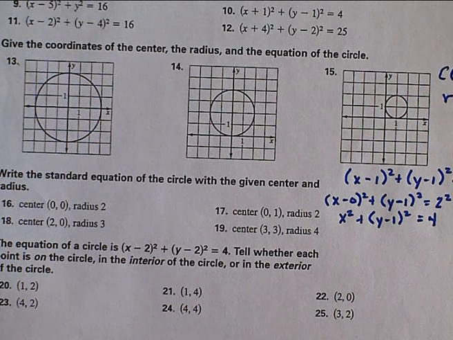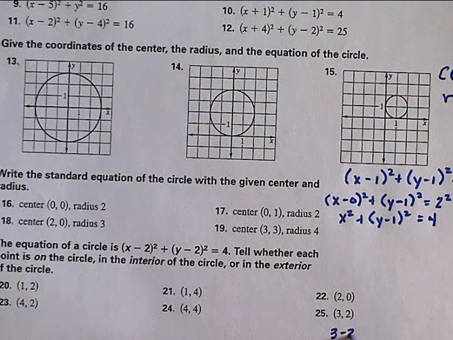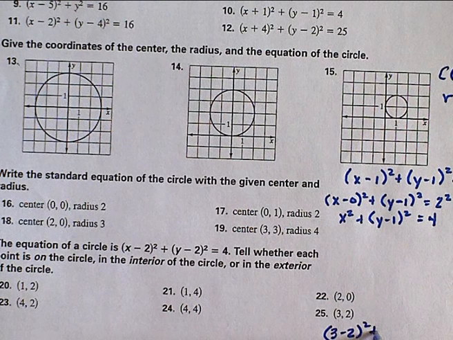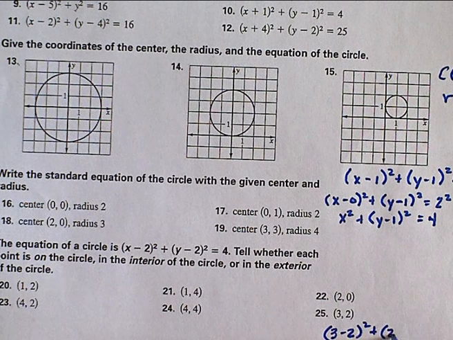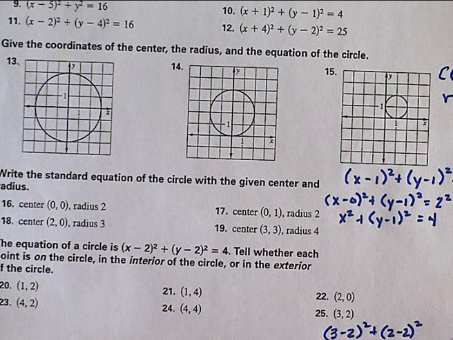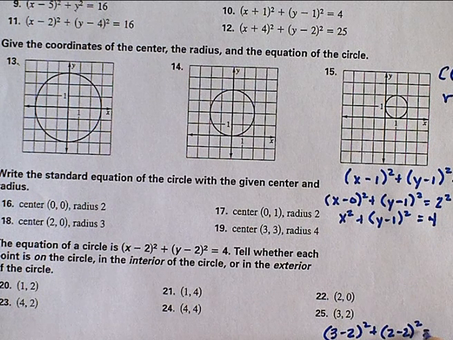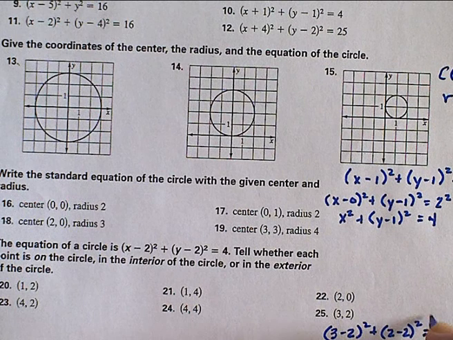Okay, so 24, I'm going to plug in the 4 and the 4. Okay, now let's do 25. 25 is the point (3, 2). So I have (3 - 2) squared plus (2 - 2) squared compared to 4.